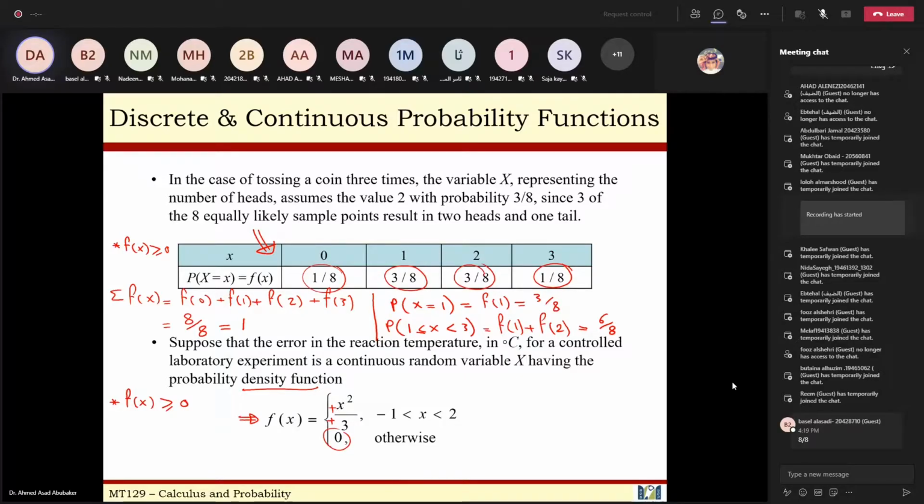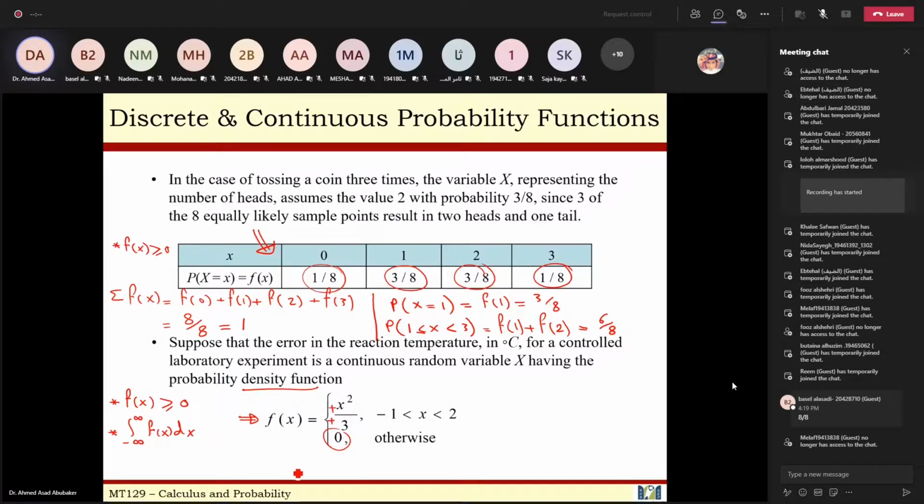So, f of x greater than or equal to 0. The second condition: the integral from minus infinity to infinity of f of x dx must be equal to 1. So, look at this. We have a piecewise function. Between negative 1 and 2, we have x squared over 3. But greater than 2, 0, less than negative 1, 0.